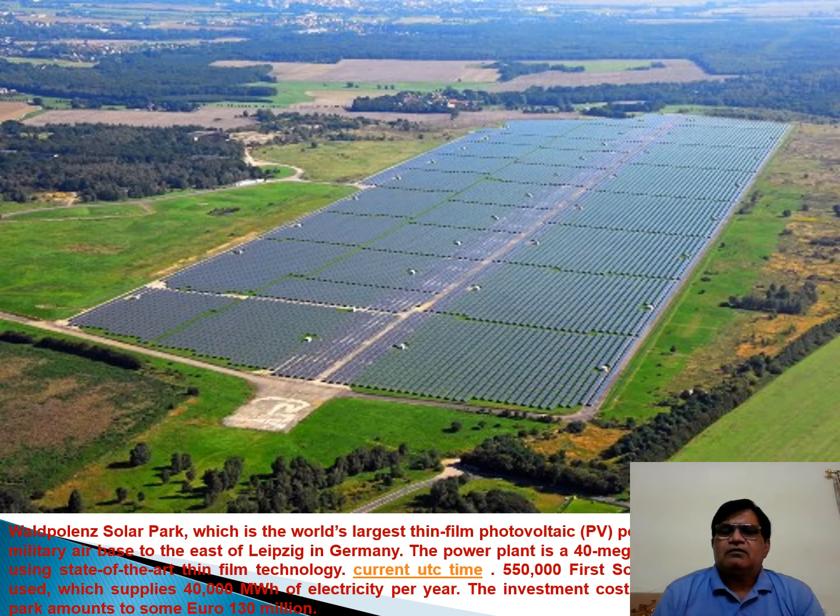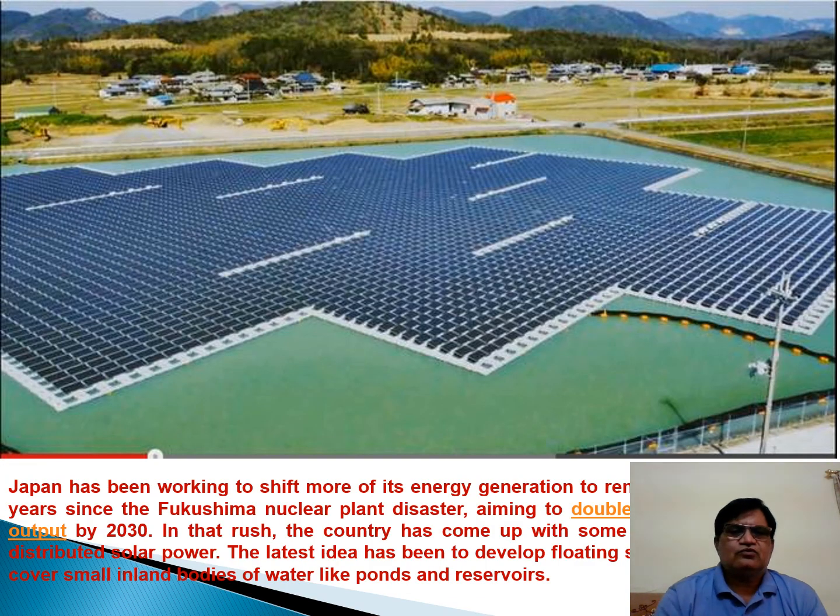So this is the example of solar power generation and the attention of the scientific community for generation of this. In the next lecture also we will continue with the same.